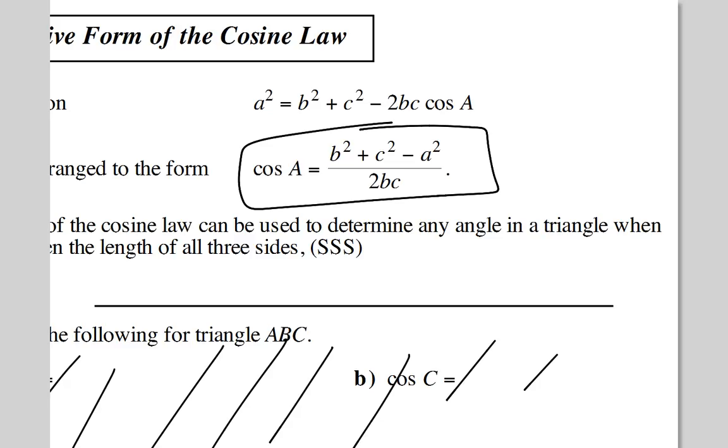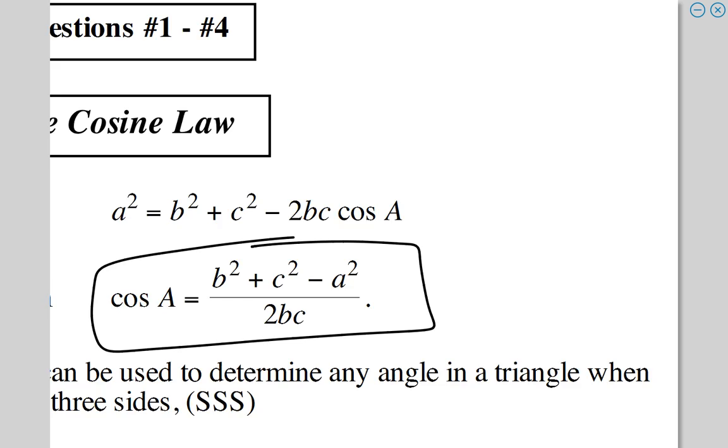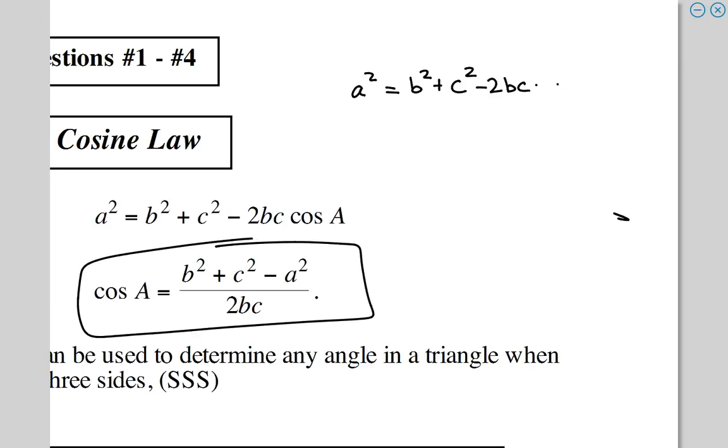So I guess I'll show you that. Up at the top here, I'm going to write this formula out, and I want to isolate for cosine A. Right now, this cosine A is attached here.